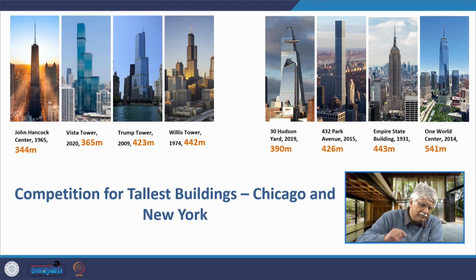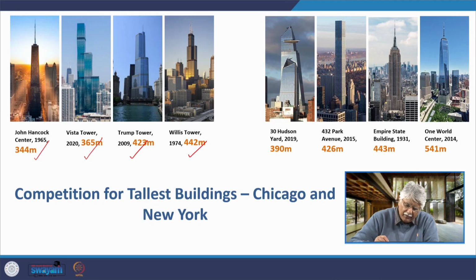So we have, in Chicago, the John Hancock Center at 344 meters in 1965, and the Vista Tower in 2020 at 365 meters. I am going by the height, not by the chronology. We have the Trump Tower in 2009 at 423 meters, and the Willis Tower, earlier called the Sears Tower, in 1974 at 442 meters.